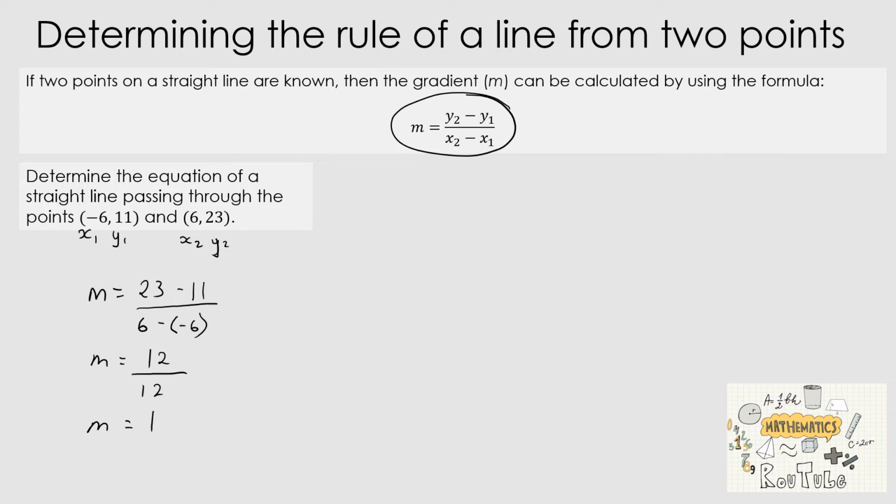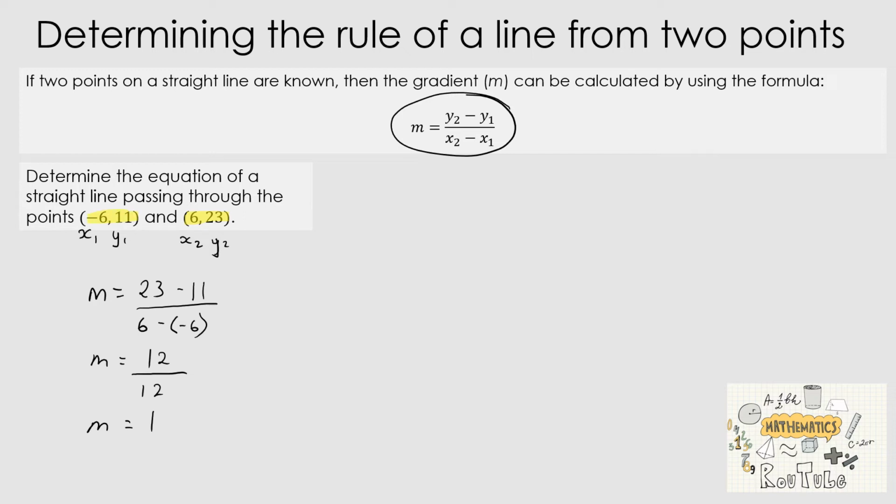Now we can use the previous example as a bit of a guide. So now we've been given the gradient and we have 1 point. And we should know how to find the equation of the straight line once we have the gradient and 1 point, because that's what we did previously. So once we have the gradient, we can pick either point.